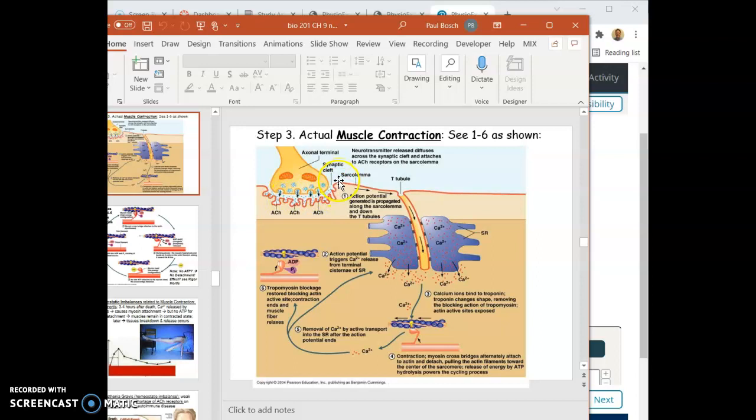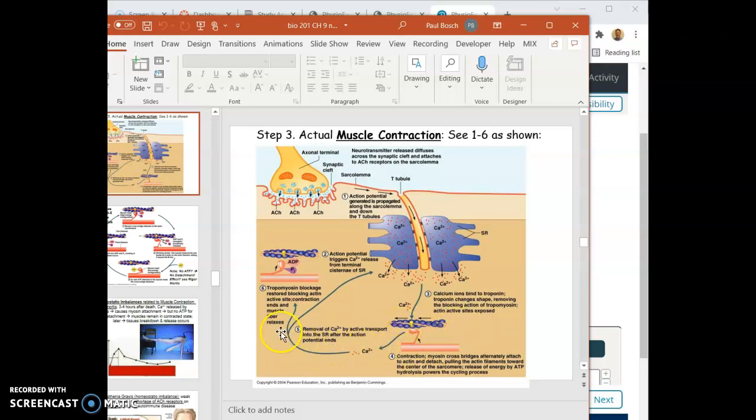So what will happen is that action potential, the sodium rushing in, the potassium rushing out, has to go down the sarcolemma, the cell membrane of the muscle, down the T-tubule, stimulate the SR, sarcoplasmic reticulum, to release calcium. Calcium has to be released. It'll bind to troponin, which will change shape, move the tropomyosin out of the way, which is blocking things. Then you can have a muscle contraction.